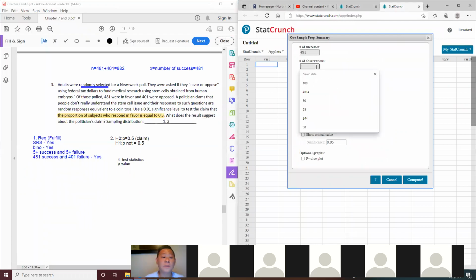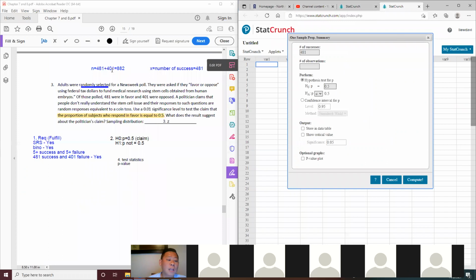Number of observations is 882, which is the sum of those two. And then for your hypothesis testing, this is P equals 0.5 and P is not equal to 0.5. So this is already set up. This is a correct hypothesis statement.